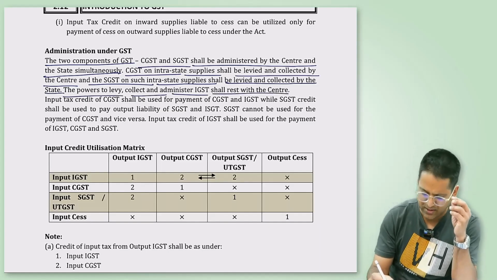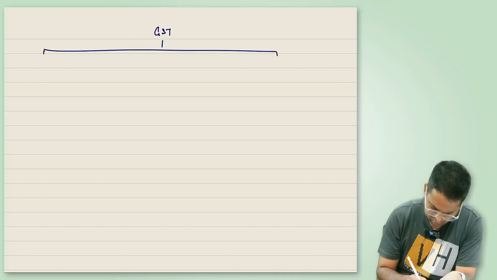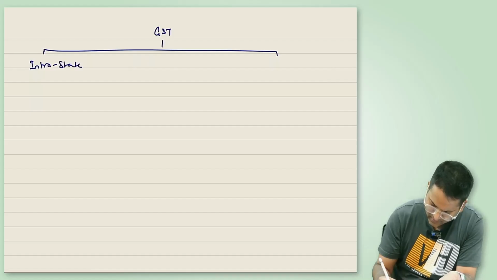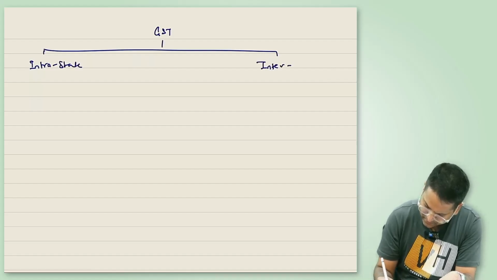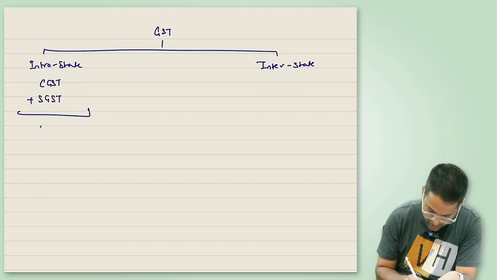Look, you have to understand like this. GST. The one that is coming intrastate. This is coming on interstate. If it is coming on intrastate, then it will be CGST plus SGST. Okay. So who is looking after and taking care of its administration?